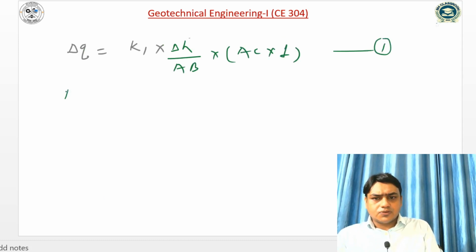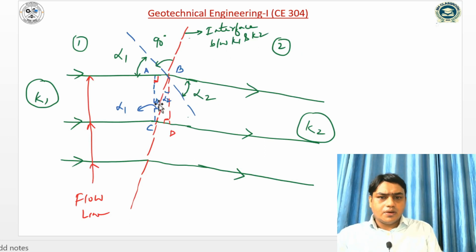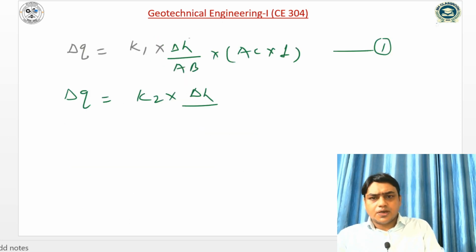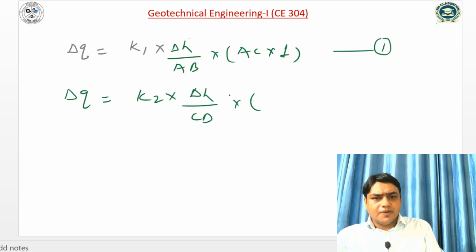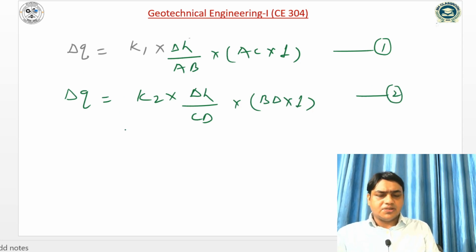Similarly in layer 2, it will be K2 into delta H by CD, into the perpendicular area, which is BD into 1. According to the continuity equation, this discharge will be the same.